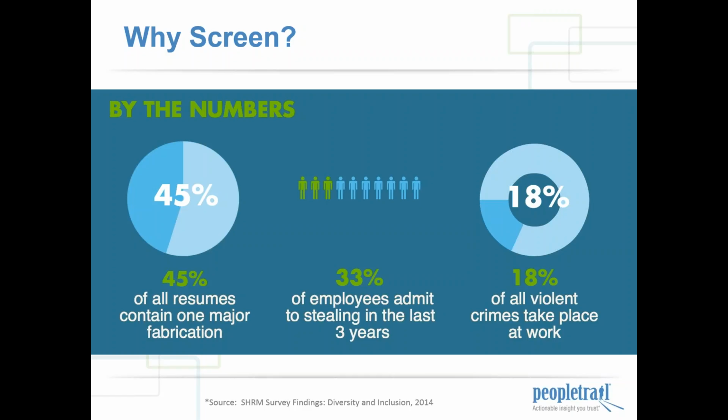And then 18% of all violent crimes do take place at work. Those are some pretty staggering statistics, and it's important to know some of these things because screening is important. Even if it's not an incentive for you to start screening, it's an incentive for you to continue screening so that you can have a better workforce.